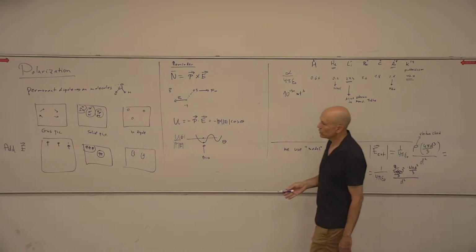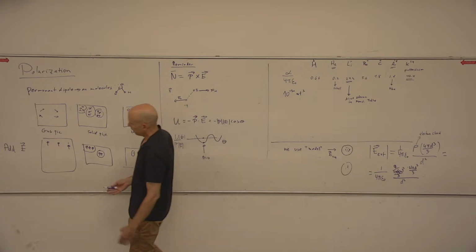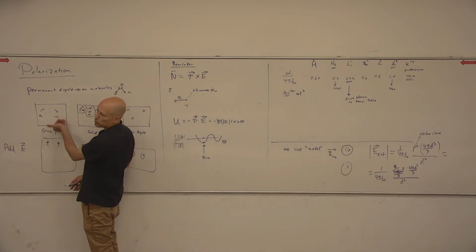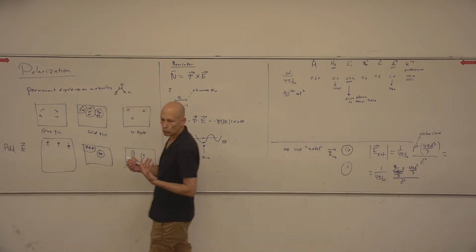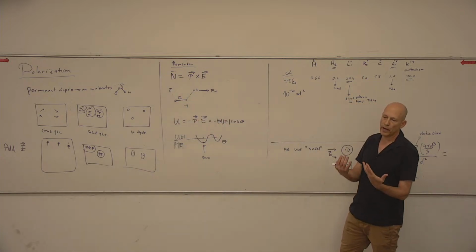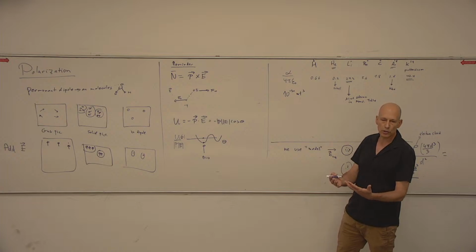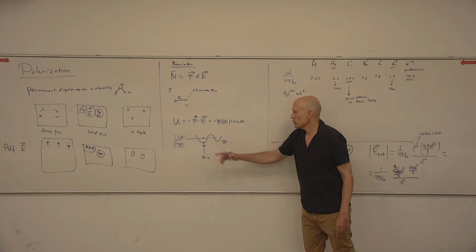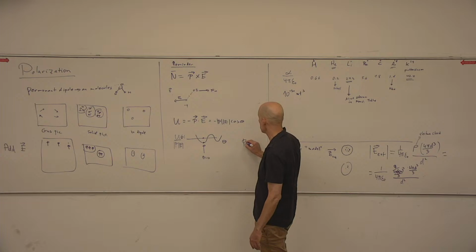So this I used here when I said I add the field and then the dipoles point up. This is a good picture at 0 temperature, where all the dipoles want to go to the lowest energy possible, which is this one. So the lowest energy possible is P parallel to E, lowest energy.